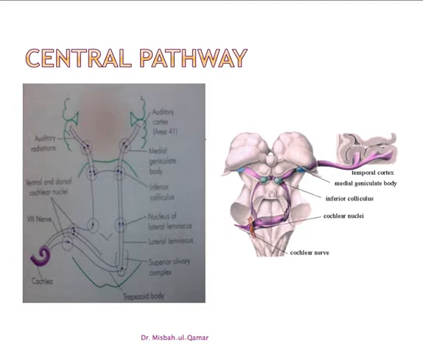And this group of the fibers forms the main auditory pathway. The other pathways are like the axons of the second order neuron. They terminate at the superior olivary complex of the same side via ipsilateral trapezoid body. Then there is another group which reach the lateral lemniscus on same side in its nucleus.